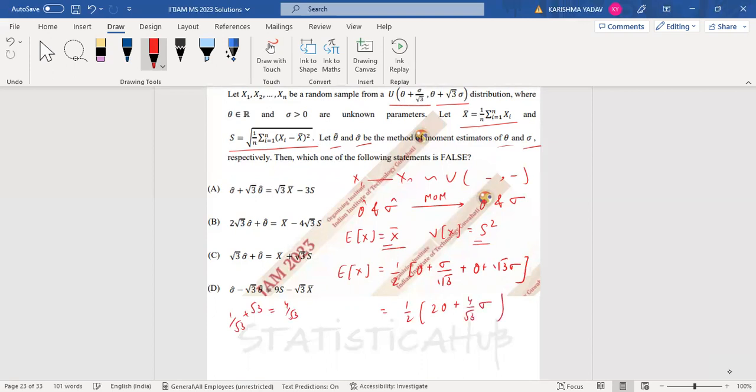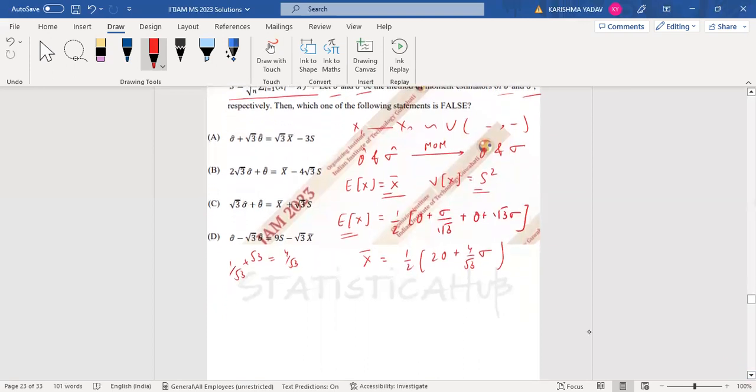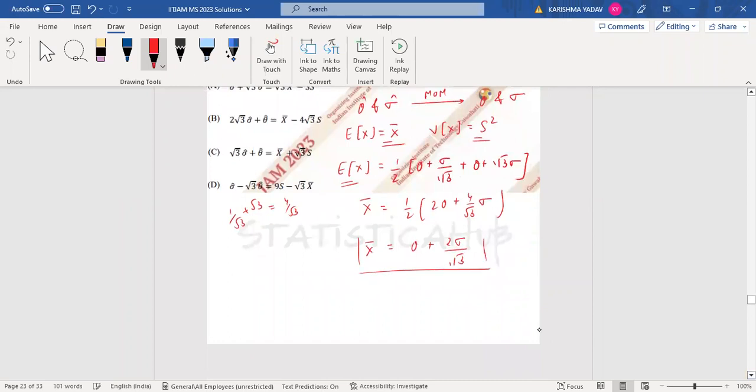So I can write expectation of x as my x bar. So I got x bar equal to 1 by 2 (2 theta plus 4 by root 3 sigma). I can simplify it further: theta plus 2 sigma by root 3.